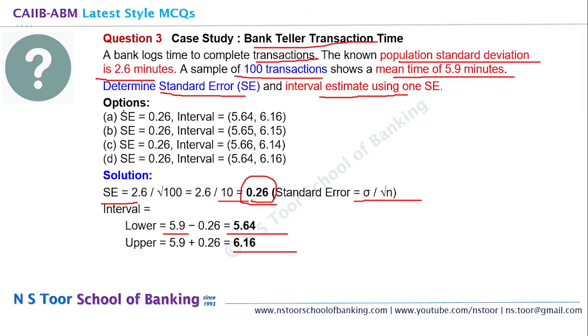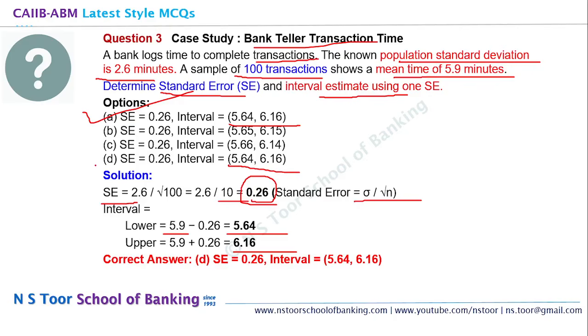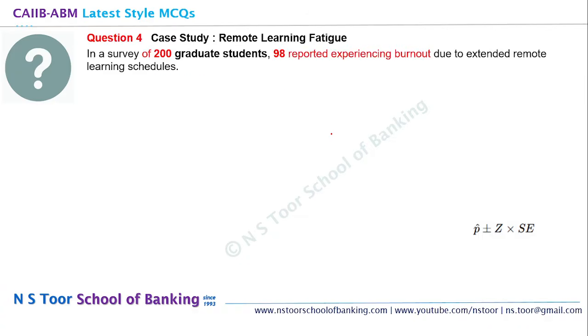As per answer sheet, standard error 0.26 is common among all, but lower interval is 5.64, and upper interval is 6.16. So A is the correct answer for our question. In this case, this answer is repeated, so you can take either A or D as your answer. Both the answers are correct. Next question.